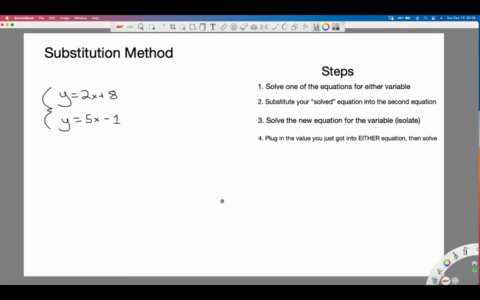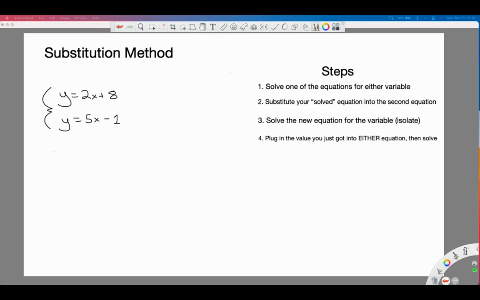If we ended up with x equals 3, we plug in the 3 for x and solve for y. If we end up with y equals 3, we substitute the 3 in for y and solve for x. It just depends on what we end up getting for our answer. That's where we plug it in.